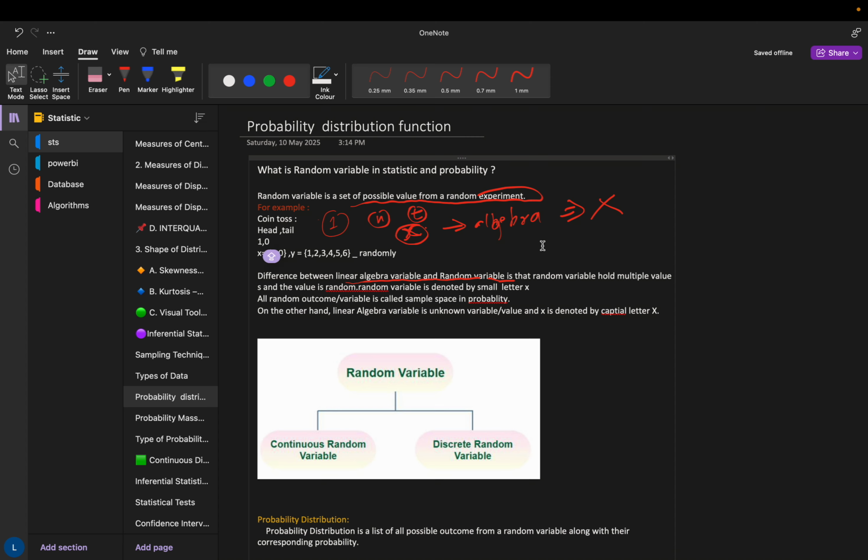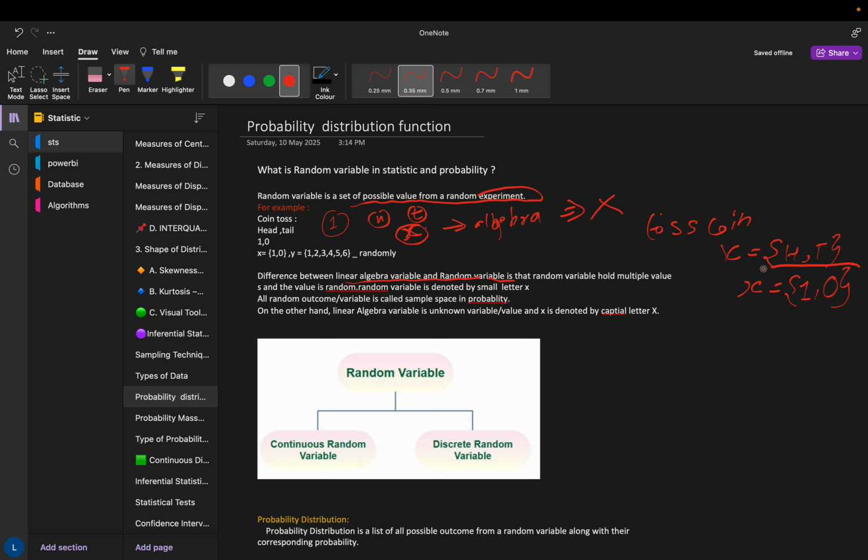Normally in probability, our random variable holds multiple values. For example, in case of a coin toss, my x variable will hold the two possible outcomes, that is head or tail, or we can say head is 1 and tail is 0.